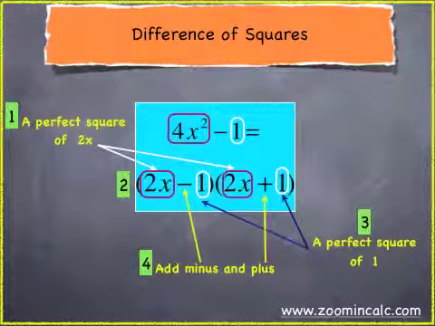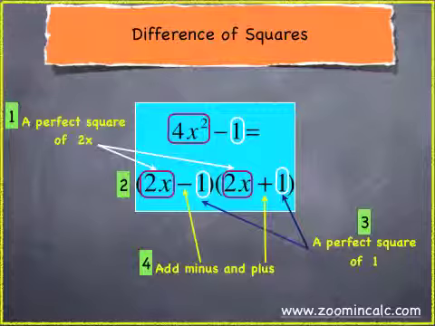So now when you factor, you're going to deal with 2x and you're going to deal with 1. And then what you're going to do is you're going to break this up into two binomials, and you're going to put a plus sign in between one set of them and a minus sign in between the other. And you can see that here on this diagram.